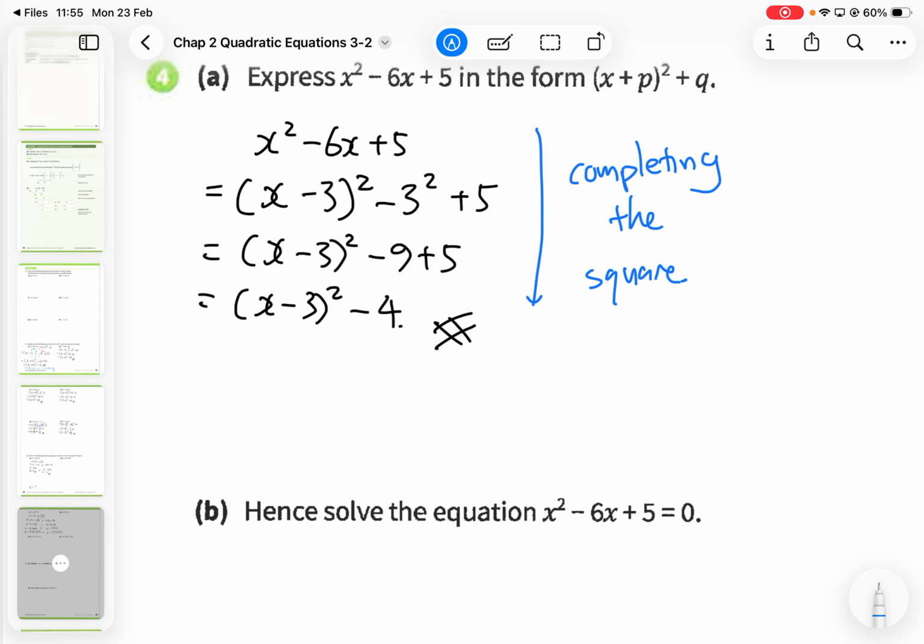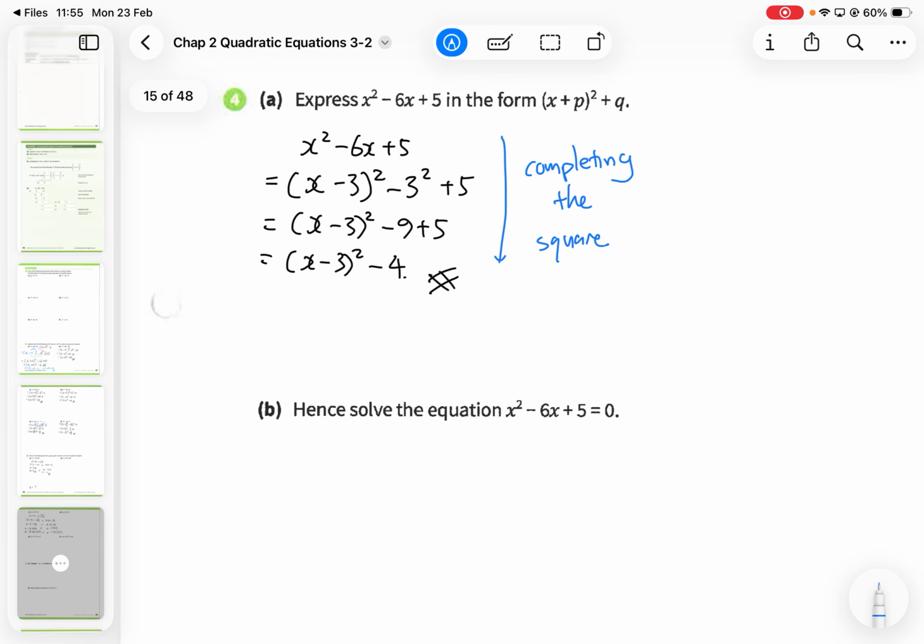Okay, those who are done, try question 5. It is almost exactly the same. The steps, the way they ask the question, the steps are all the same. In fact, in your end of year, in your N level, they also always ask the same question one. They will always follow this same pattern.